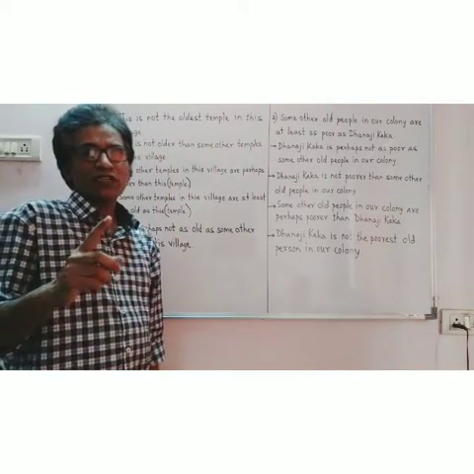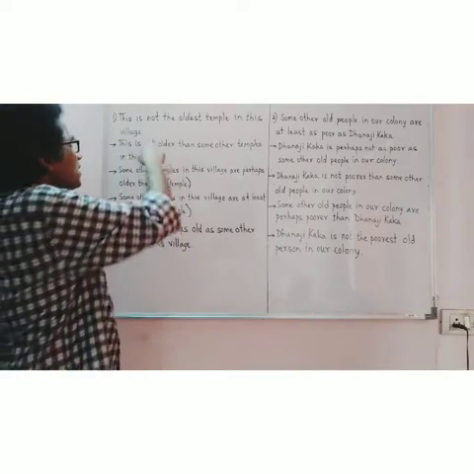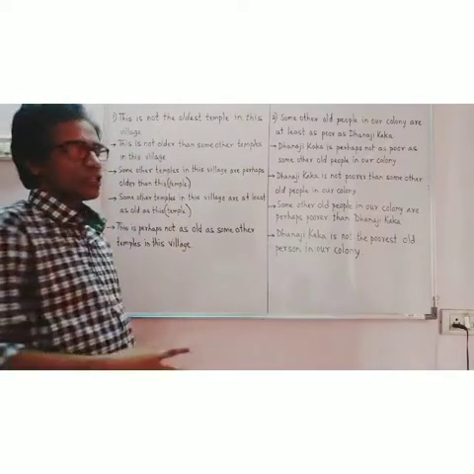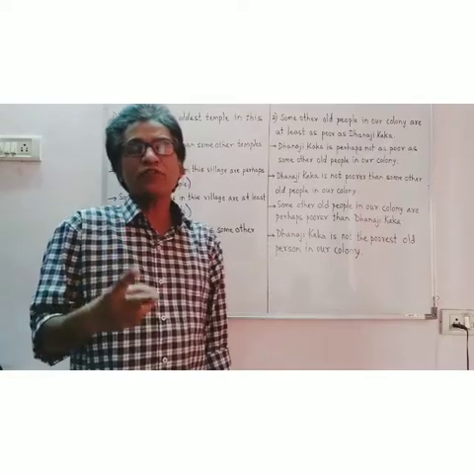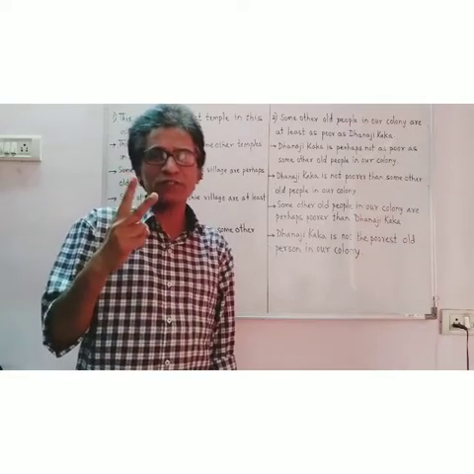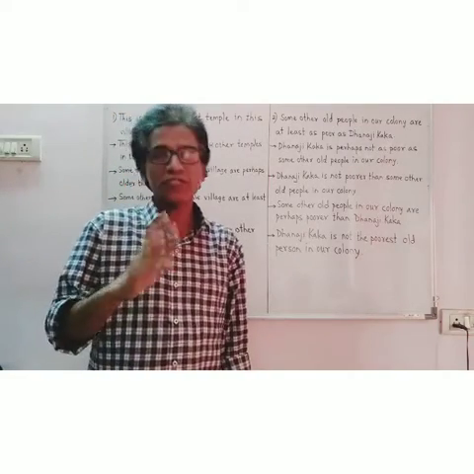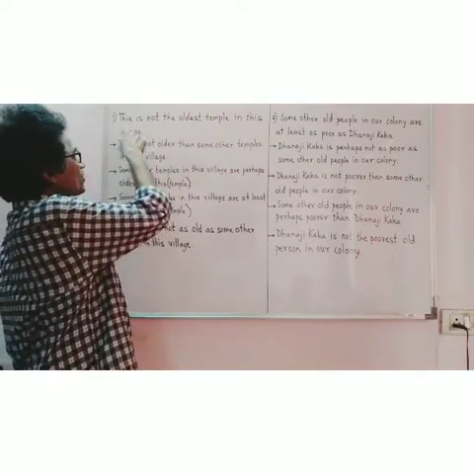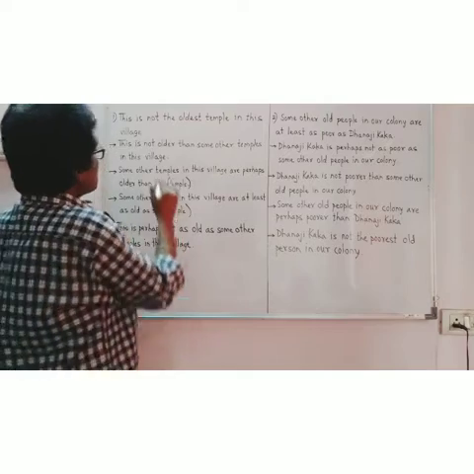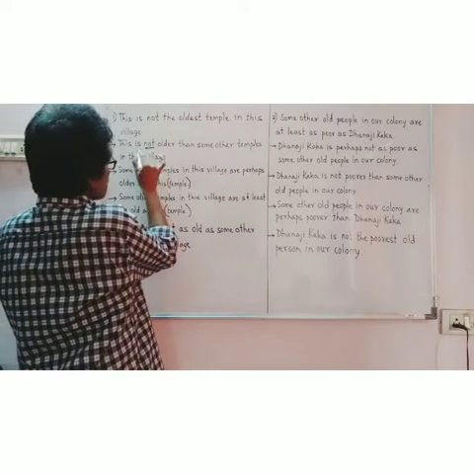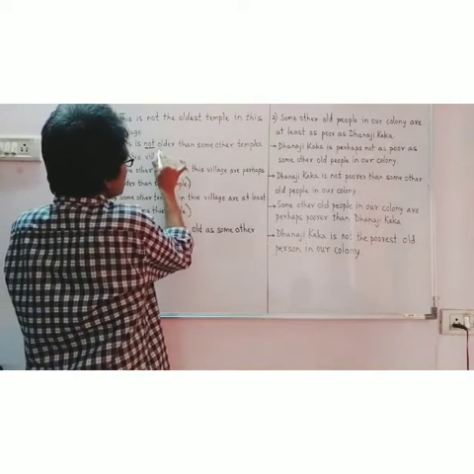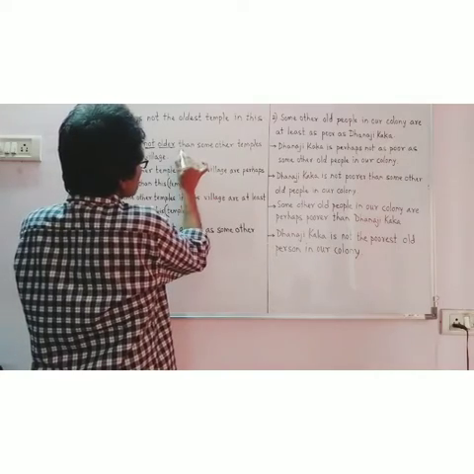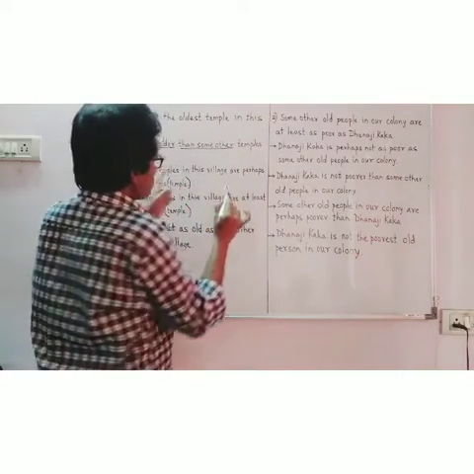One more thing you have to remember, that this has got 2 comparative structures and 2 positive structures. So here we go. In comparative, not comes, note down, and comparative form comes, but then some other.